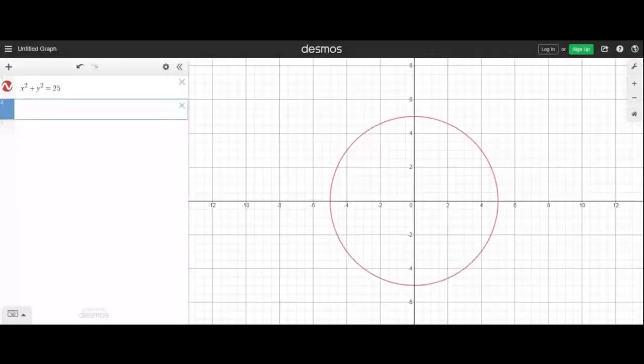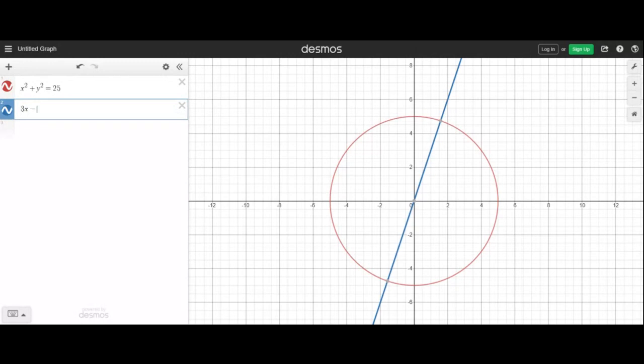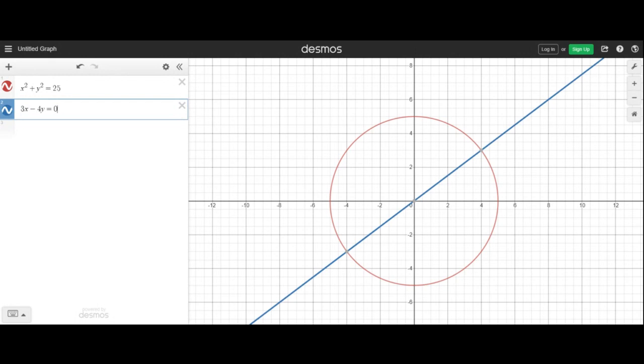So we've got x squared plus y squared equals 25. There's our circle. And then we had 3x minus 4y equals 0. And there's our line. And now you can much more clearly see, hopefully this is being shared with you.